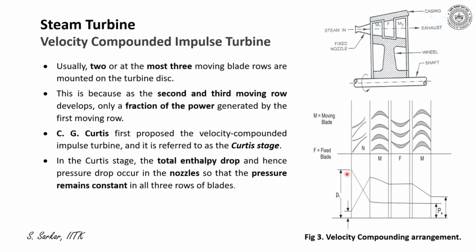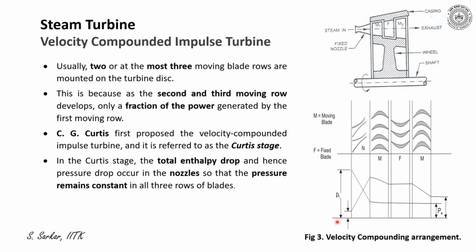Now the total pressure here will drop in the nozzle, and then the pressure would remain constant in the moving and the fixed blades. Thus, in this region, the pressure remains constant.